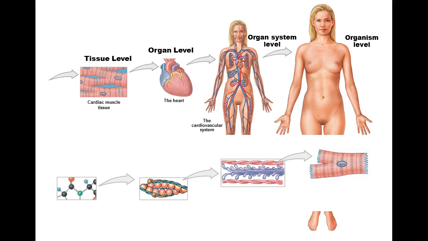So the idea of cardiac muscle tissue getting together with connective tissue, together with a nerve impulse, then you have this organ that we call the heart. Then organs get together to form organ systems, and all of the various organ systems you have in your body are getting together to form the organism level, which is you, which is the human being, which is you and I both.